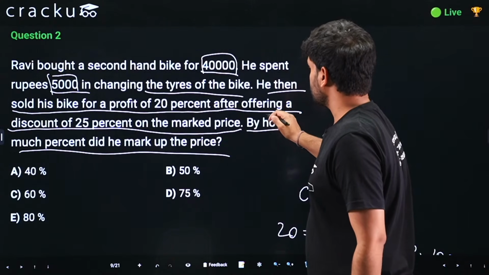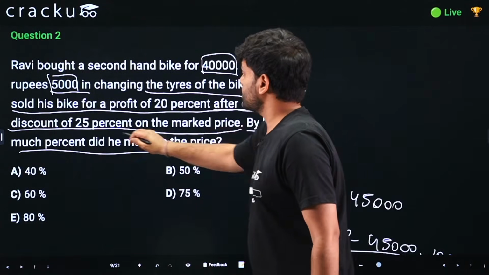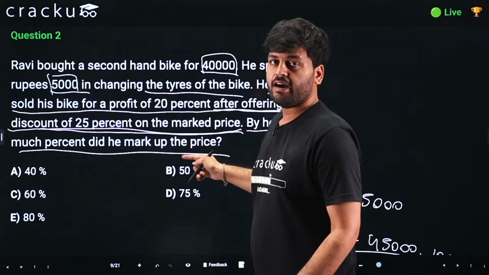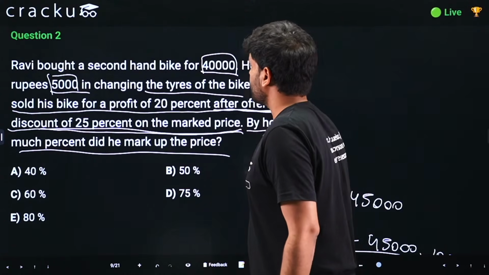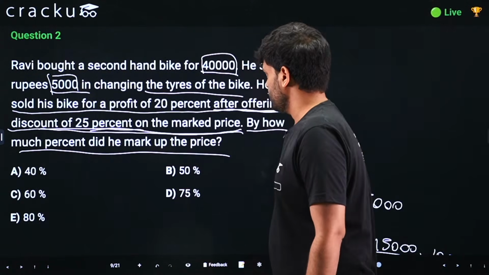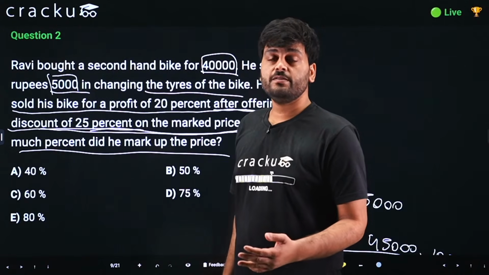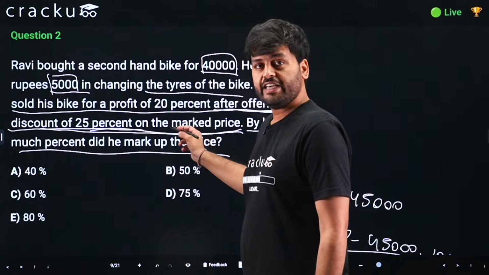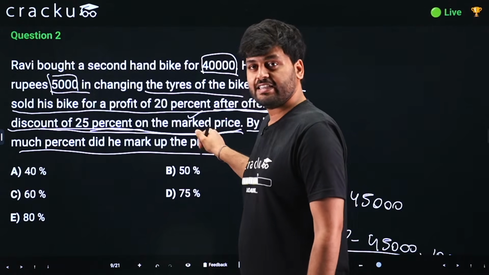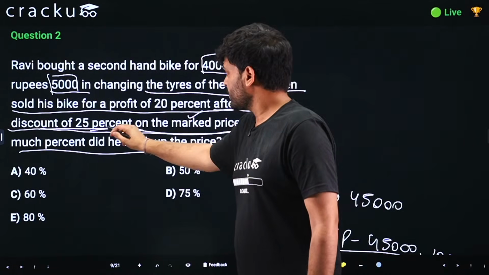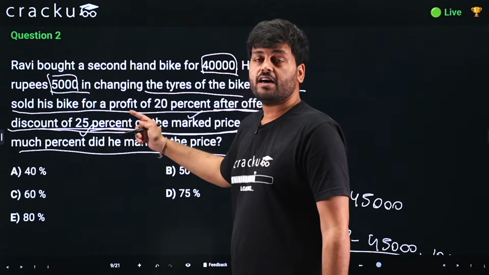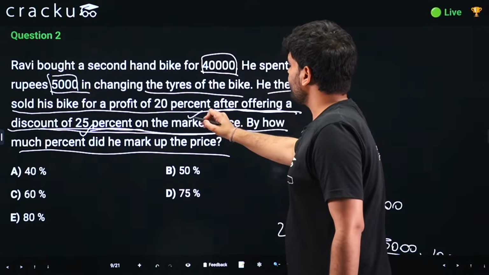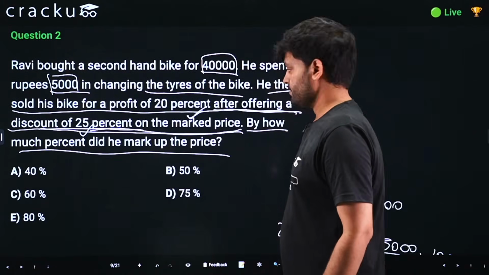And this 54,000 he got after offering a discount of 25% on the mark price. So the mark price would have been higher than that, due to which he gave a discount on that mark price, and after giving 25% discount, the selling price came out as 54,000. So how can we identify the mark price here?